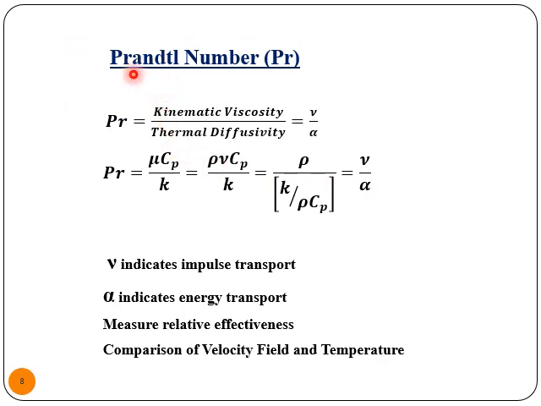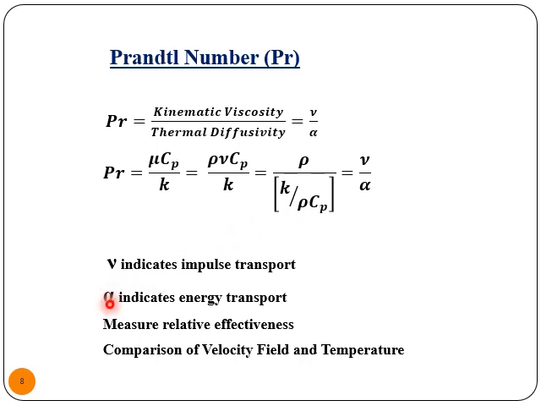There is another number which I told you earlier, that is Prandtl number, which is kinematic viscosity, that is nu, by thermal diffusivity. So nu is related to the viscosity of the fluid, and thermal diffusivity is related to the conductivity to the heat capacity of the fluid.